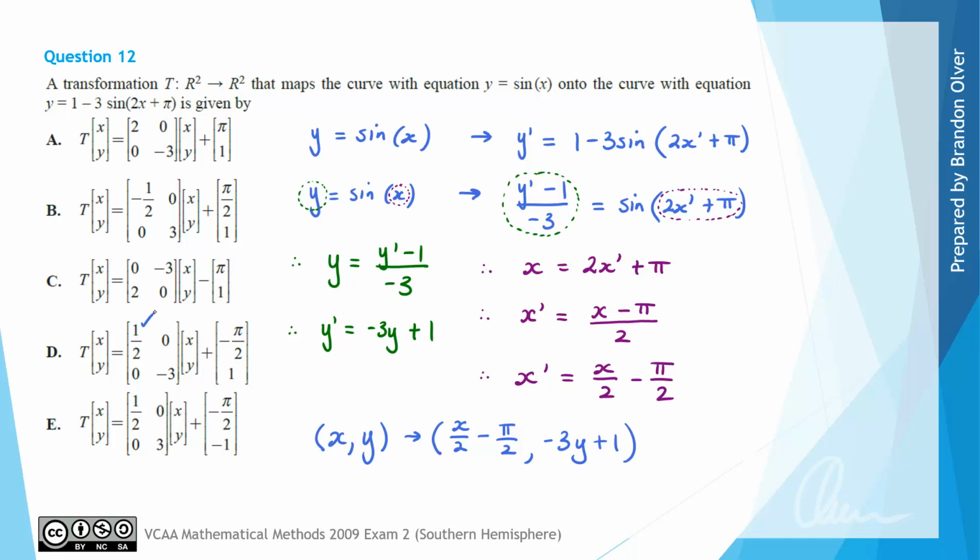So that's the half here that we identified in our other method that was correct, and the negative pi on 2, which is correct. And we also need a negative 3 to multiply y, so that's this negative 3 down there, and we need to add 1 onto the y terms, so that's that plus 1 there. So using this reverse mapping method, we can also identify that D is correct.